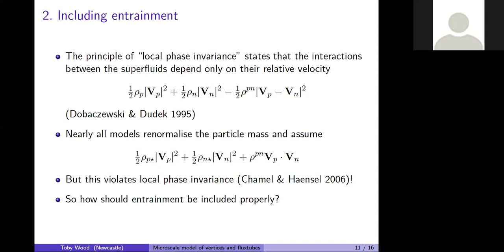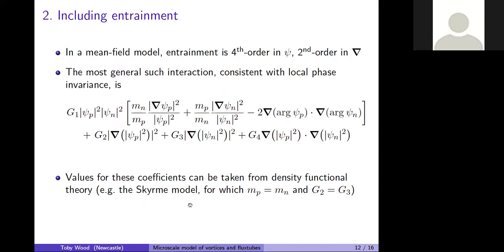Okay, so really the Gross-Pitaevskii or Ginzburg-Landau model is a mean field model, where you expand everything in powers of psi and derivatives and so on. So I think the question is, if you want to include entrainment in your model, to what order do you need to go? The answer is you need to go to second order in density and second order in derivatives. So what is the most general term we could put in the free energy at that order, which is consistent with local phase invariance?